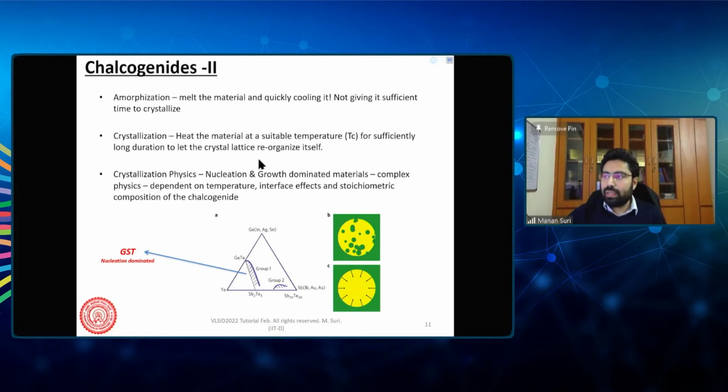You need nuclei and you need those nuclei to grow. But if your crystallization is dominantly happening because of the number of nuclei, it's nucleation dominated. That is a qualitative way to look at it. And if it is happening dominantly by the speed with which a crystal grows, it's growth dominated. So this is one aspect of the crystallization physics.